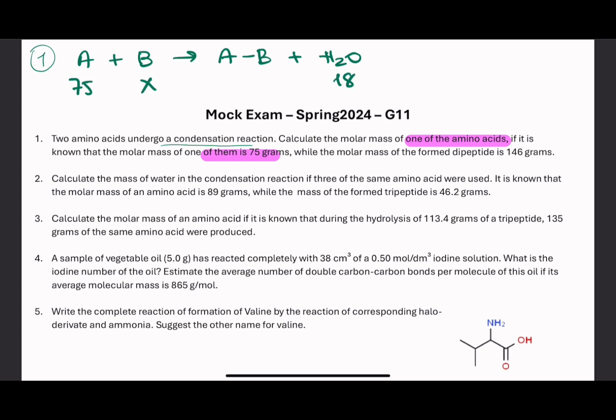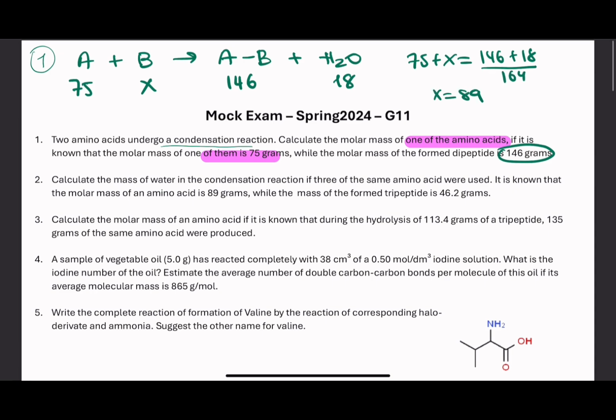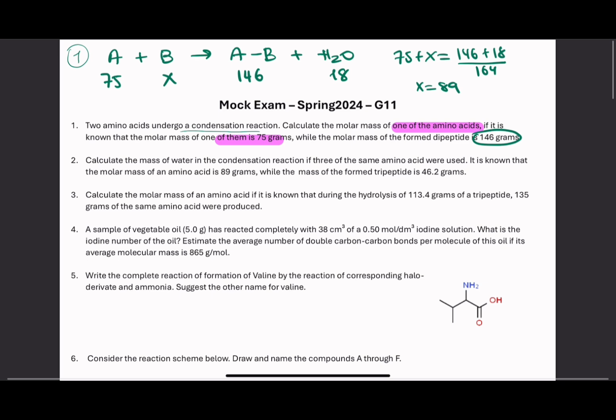We know that both sides have to equal each other. And so the dipeptide molar mass is 146. So basically 75 plus X equals 146 plus 18. And this is 164 and X is 89. Okay, so that is the 89 molar mass of the amino acid.